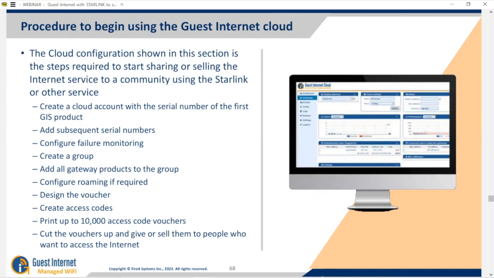If we want roaming, then we configure that. Next, we design the voucher that we want to print. We create the access codes, and then we can print up to 10,000 vouchers. And finally, we cut the vouchers up and give those to the people who want the internet service. Those are the steps. I'm going to show you how easy it is by going through the screens.